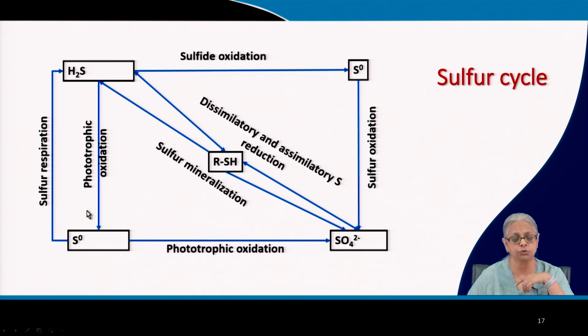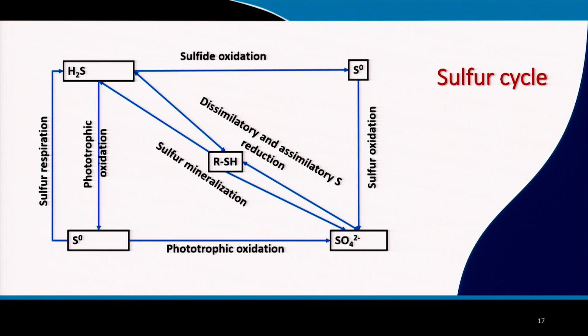So those are the phototrophic oxidation pathways. When these inorganic forms are converted back to hydrogen sulfide, that is called sulfur respiration. So you can see the number of different processes present in the environment which allow complete recycling of sulfur in the environment. I'll be talking about that a little bit more.